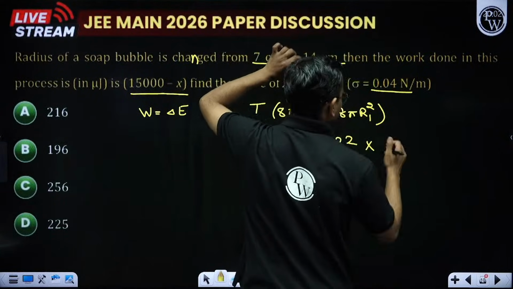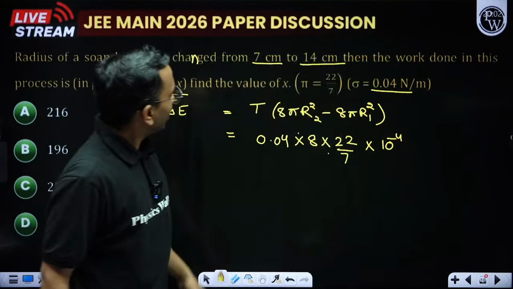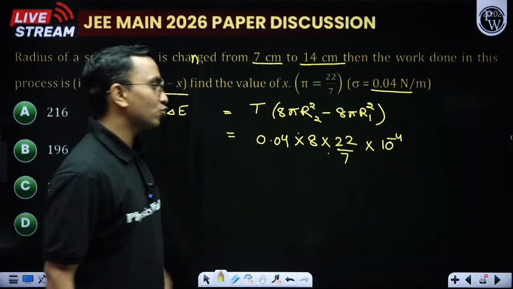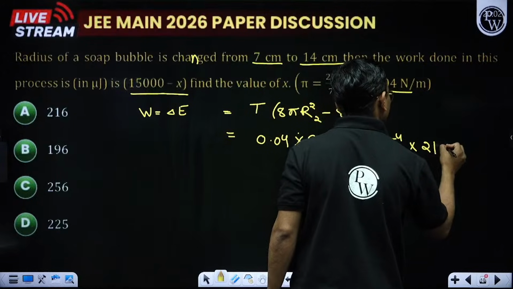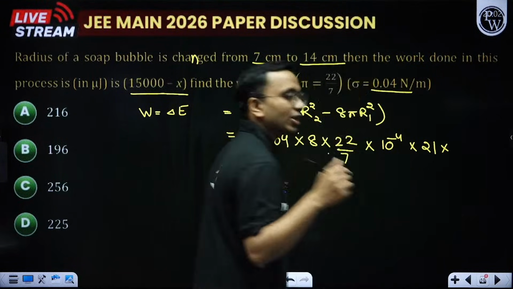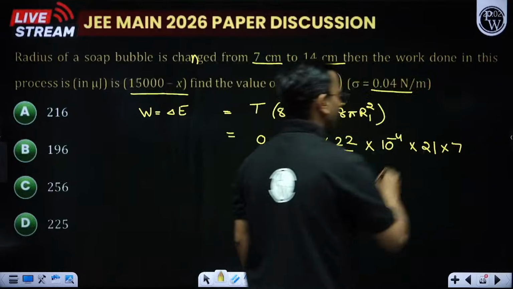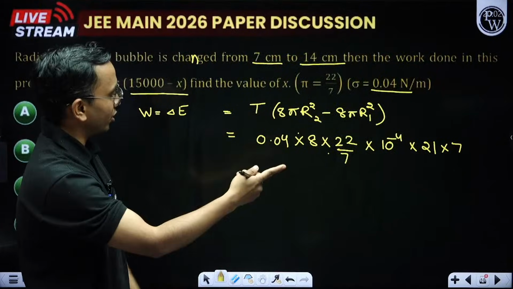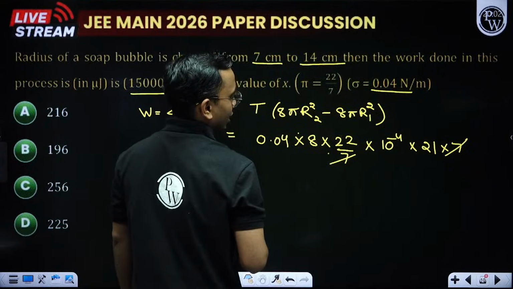Now this is centimeter square, so 10 to the power minus 4, converting that to SI. Now this is 14 square minus 7 square. I can write this as 14 plus 7, that is 21, into 14 minus 7, since a square minus b square is a plus b into a minus b, into 7. This 7 got cancelled.